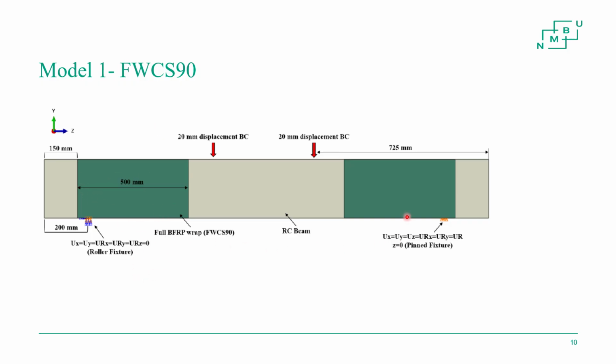You can see the geometry of the beam, the placement of the loads, the support placement, and with green color we can see the BFRP wrap. So in this case we have full BFRP wrap with a length of 500 millimeters. The placement of the wrap is symmetrical.